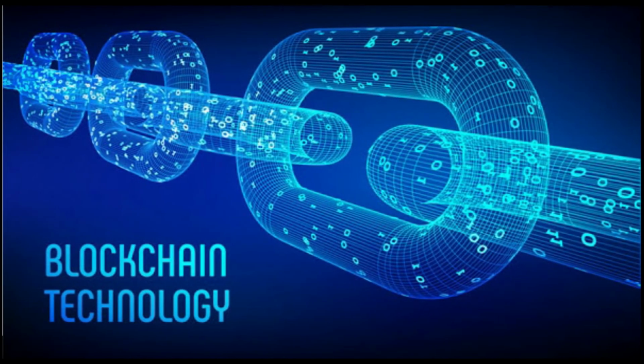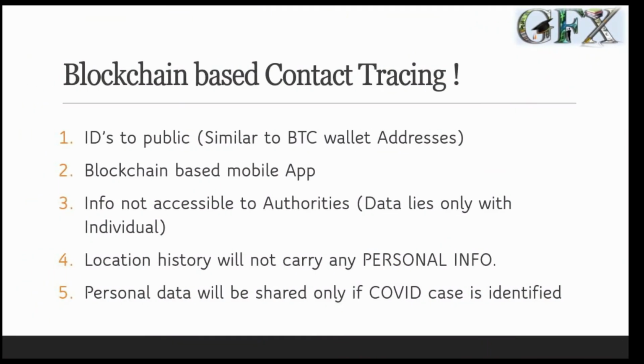Now let us talk about the blockchain based scenario to have an accurate contact tracing. Now I'll be explaining you step by step on how contact tracing can be done accurately on the top of blockchain. The first step being each user or each person like us will be given a verified ID on the top of blockchain. This will represent the person without directly attaching the identity of the person.